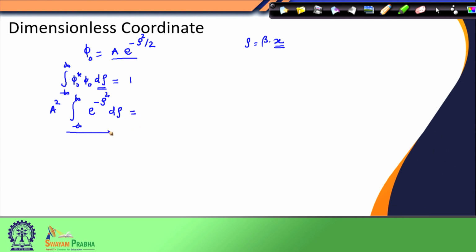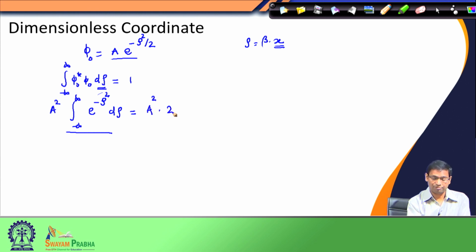This is the integral that we have to evaluate, but you know that this is a Gaussian function, which is an even function. So, instead of evaluating this integral from minus infinity to plus infinity, I am going to evaluate it from 0 to plus infinity and multiply it by 2, because the integration between 0 to plus infinity is equal to the integration between minus infinity to 0.